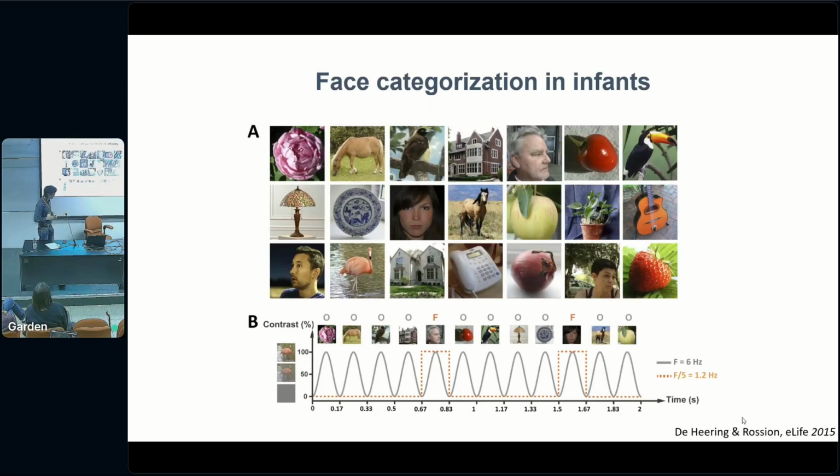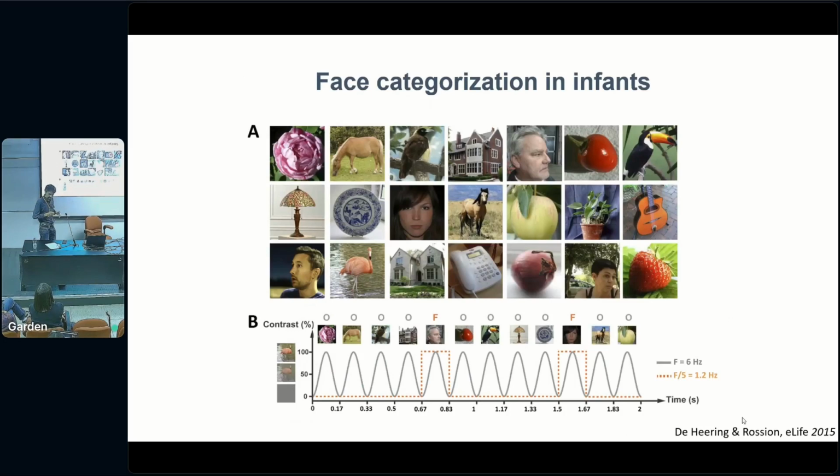This first study by de Heering and Rossion investigated face categorization in 4 to 6 months old infants. The aim is to find a very clear neural correlate of face categorization within the short time of attention of these infants.